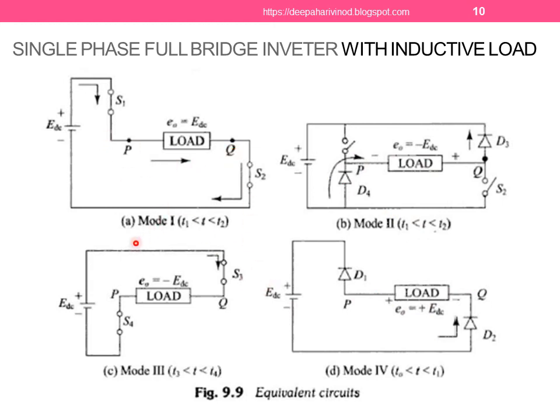Here we can see that in mode 1, S1 and S2 are closed, that is on, and the current flows in this direction from P to Q. In the same way in mode 2, S1 and S2 are open, but the current flows through the diodes D4 and D3, and the path is shown here.